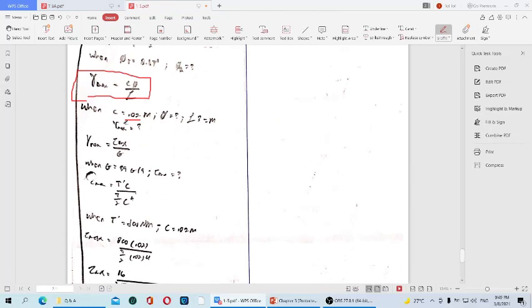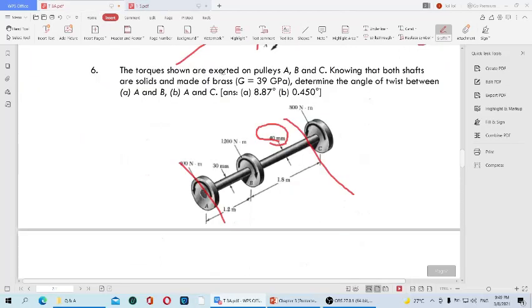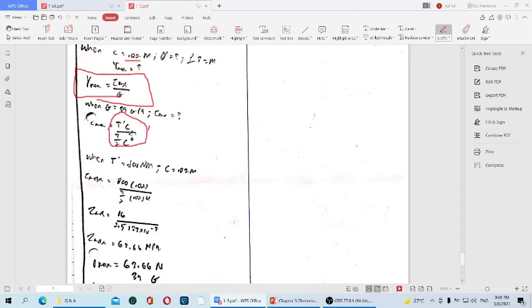So the shearing strain, you don't know. We will use this equation to find the maximum shearing strain. You know the modulus of rigidity from the question, 39 gigapascal. You need to multiply it by tau. You need to know the tau maximum, since the equation doesn't give it to us, so we need to find it manually by this equation.